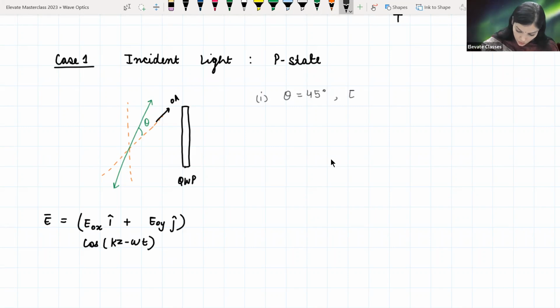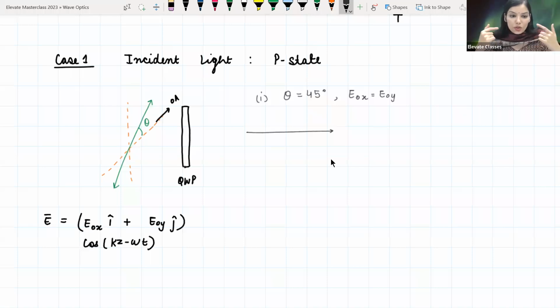If this is true and these are also true, that their magnitudes are equal, then on the output, after passing through this, what will the quarter wave plate do? The quarter wave plate will introduce a phase difference of pi/2 in one of these two components.